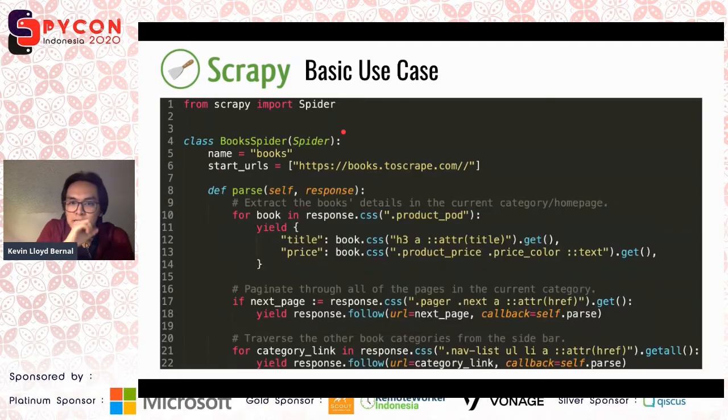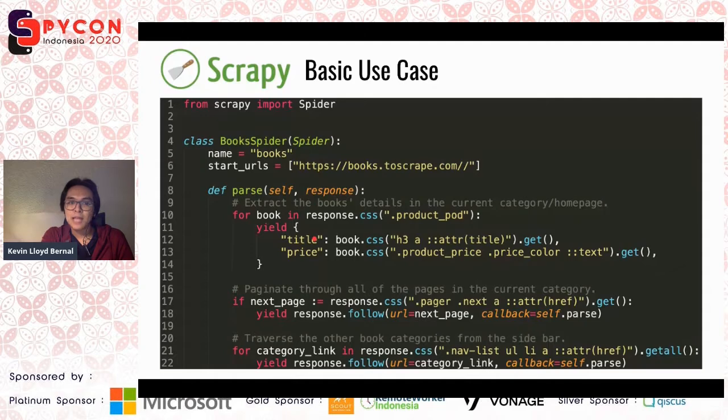Writing a Scrapy spider would actually look like this. It only takes 22 lines of code, and there are 3 major parts I want to highlight. The first part is the actual data extraction. As you can see, we're only extracting 2 fields, which are title and price.